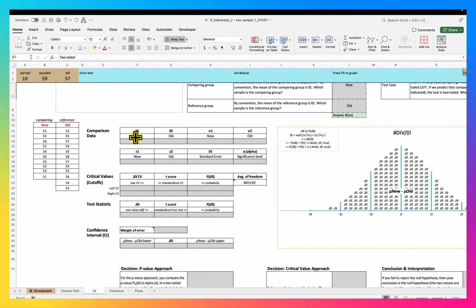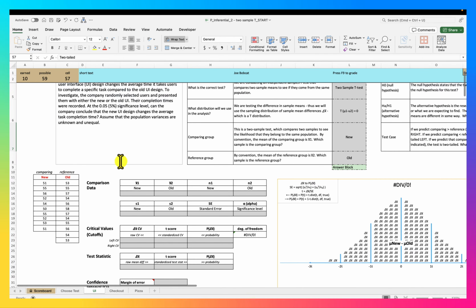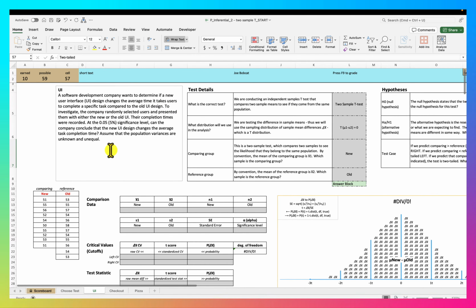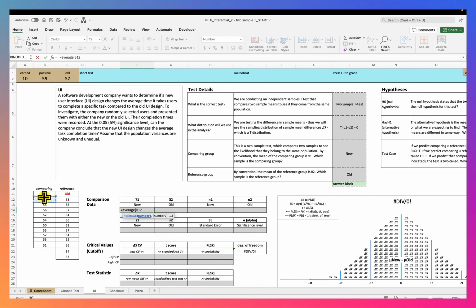Now over here, all these stats in previous problems with the one sample test, for one of these groups, actually for the reference group, we were given the stats in the problem. We aren't now. We have to calculate every stat. So let's do it. So the average for new, average for old.